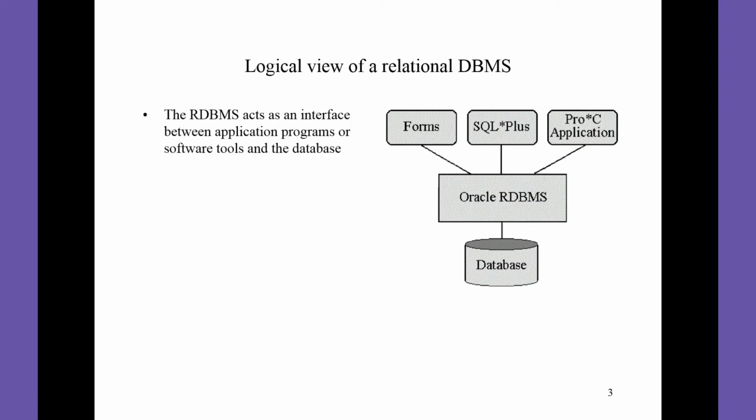The database management system, and here we're referring to it as an RDBMS because it's not simply a database management system, but it is a relational database management system. The RDBMS acts as an interface between application programs or software tools and the database.